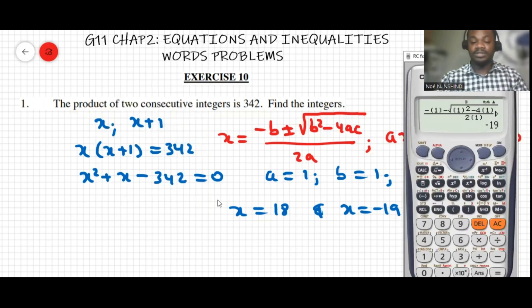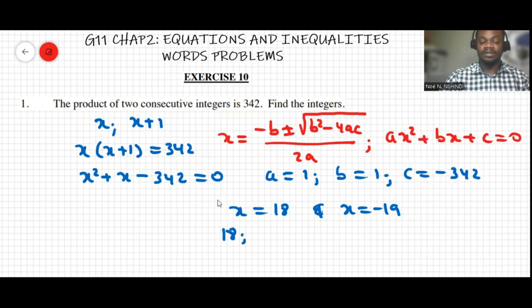So it's possible that if the first integer is 18, the following integer is 19, or if the first integer is negative 19, the next integer is negative 18, because we add 1 to 18, and also add 1 to negative 19. So these are the possible answers: either 18 and 19, or negative 19 and negative 18.